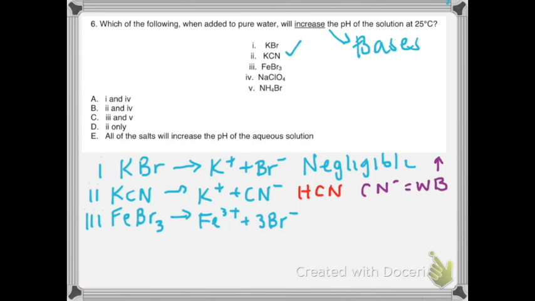And this is kind of an exam 2 throwback. But iron is a transition metal, and we talked before exam 2 about Lewis acids and bases. So iron 3 plus is a Lewis acid, and so it will have an effect of decreasing the pH when dissolved.